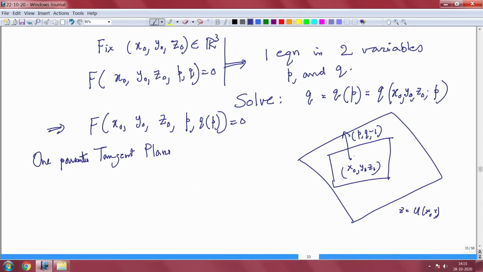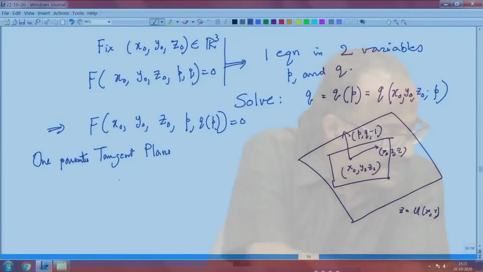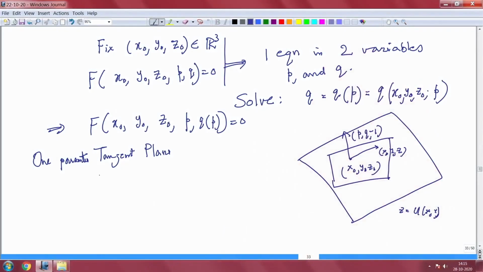If you take a point x, y, z here, then x minus x naught is a direction. The equation of a plane passing through x naught, y naught, z naught and whose normal is (p, q, minus 1) is the tangent plane, given by p into x minus x naught plus q into y minus y naught equal to z minus z naught.